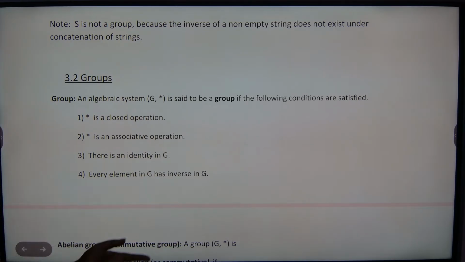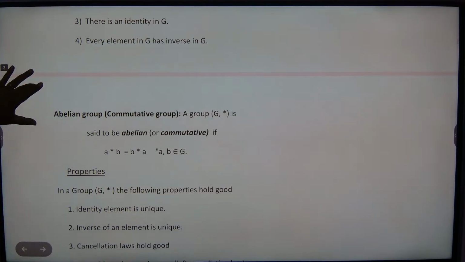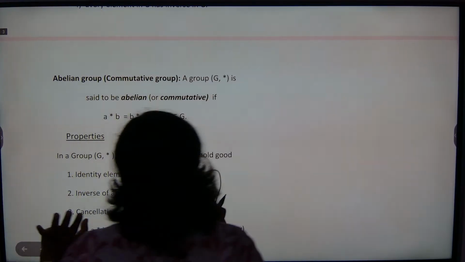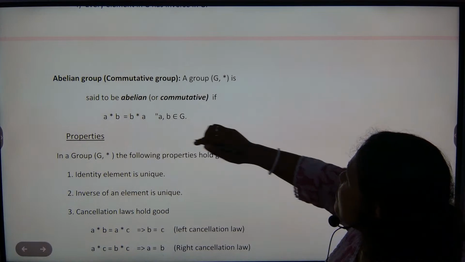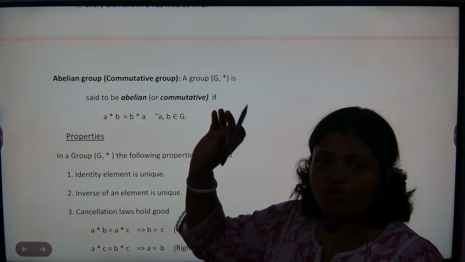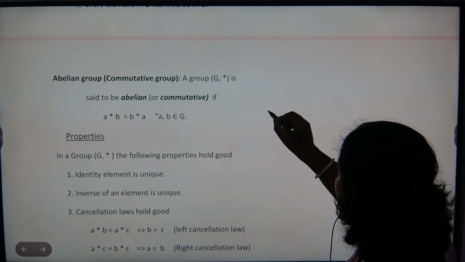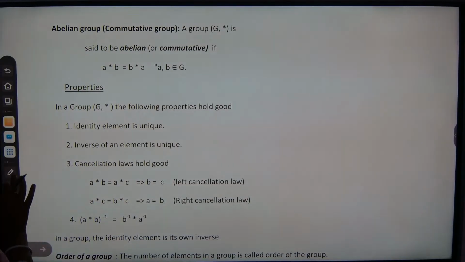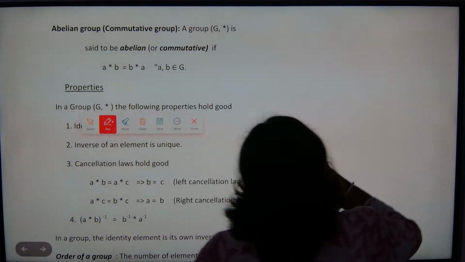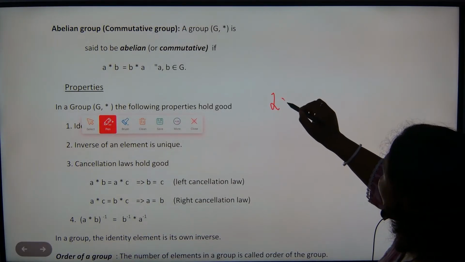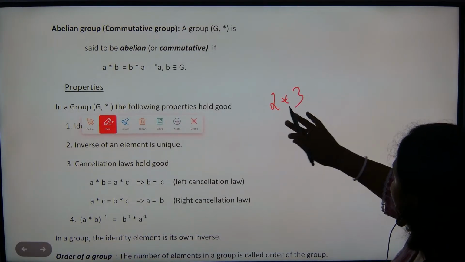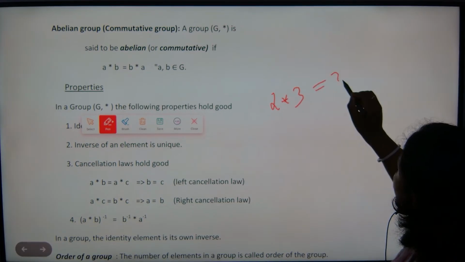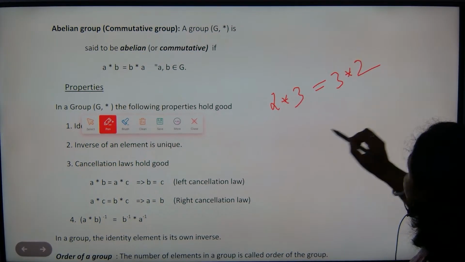Must belong to G. Next, the abelian group. It is very easy. Abelian group means if you operate 2 elements, that means just take 2 elements, that means 2 star 3. The result of this must be equal to 3 star 2.